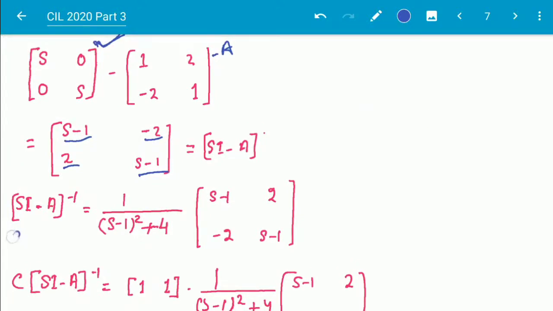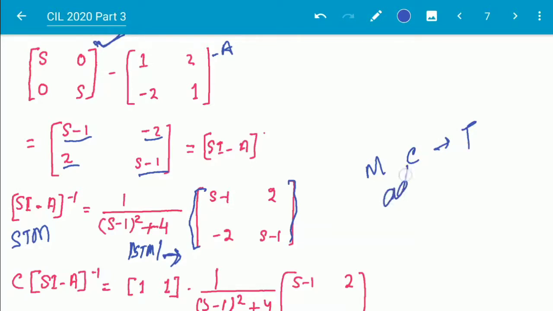This is coming to be 1 by (S minus 1) whole square plus 4. This is the mod of the state transition matrix, that means determinant. And in this the adjoint of the state transition matrix is found by first the minor, then cofactor, then transpose, which results in the adjoint of the matrix.